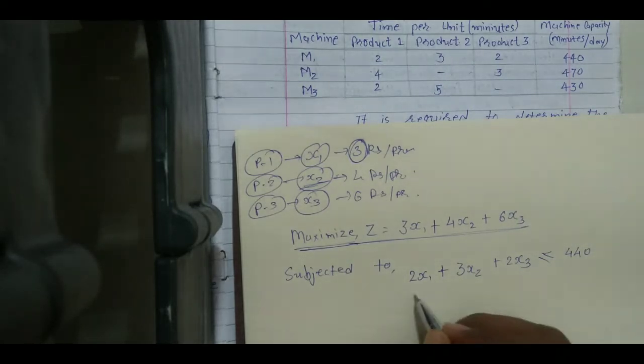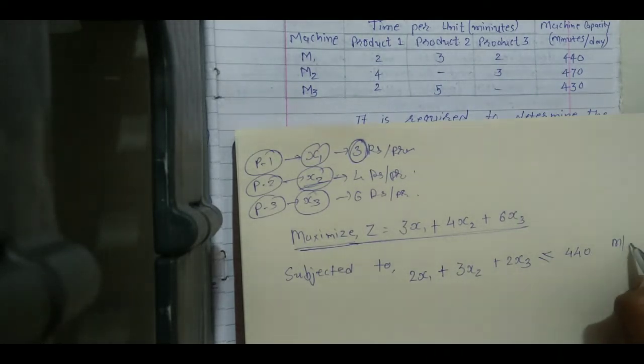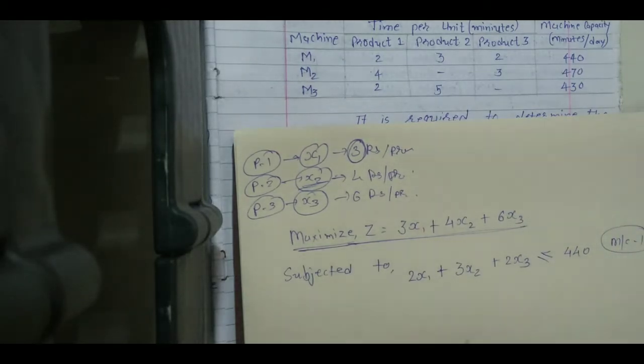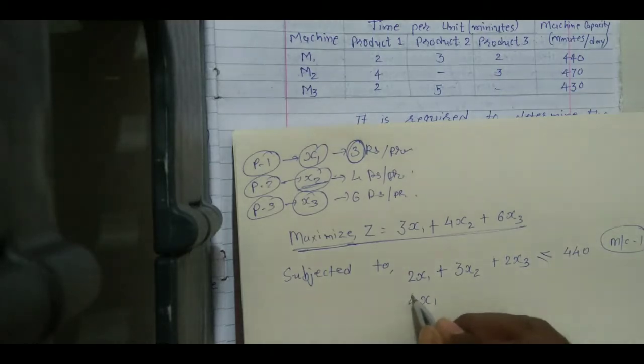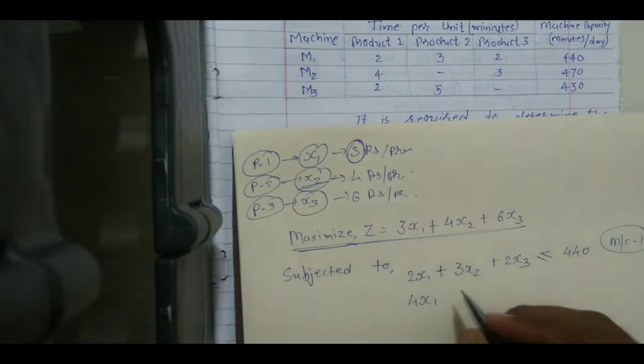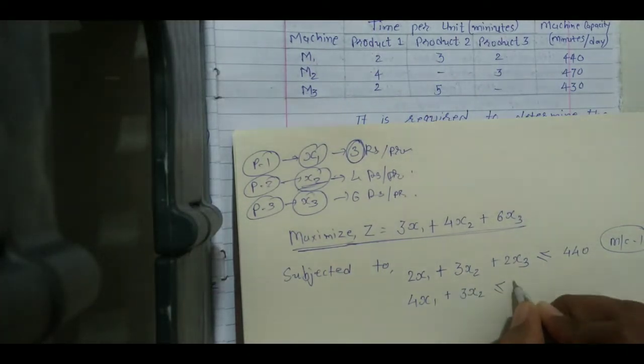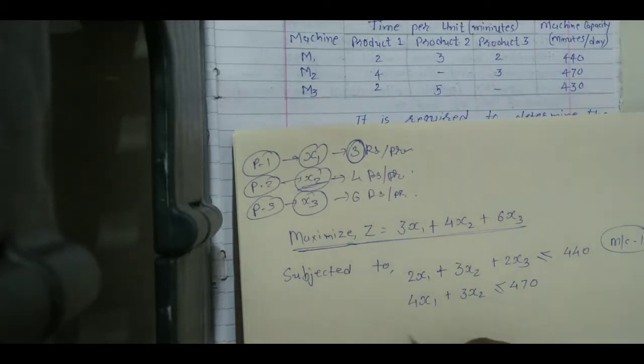Same for machine 2: that is 4x1, and on machine 2 product 2 is not processing, so 4x1 plus 3x3 less than or equal to 470.